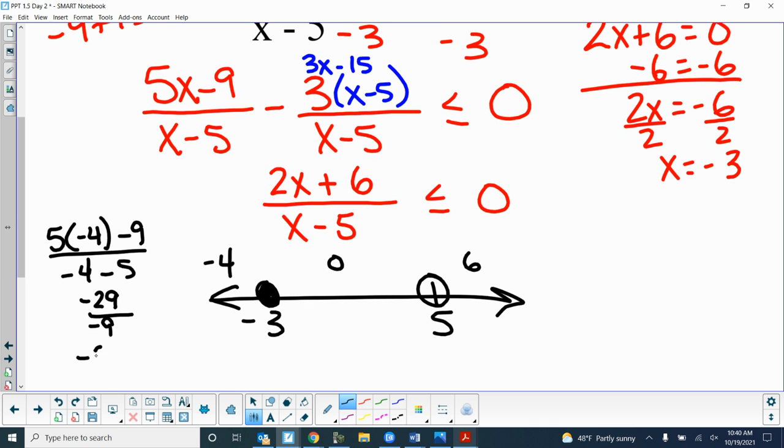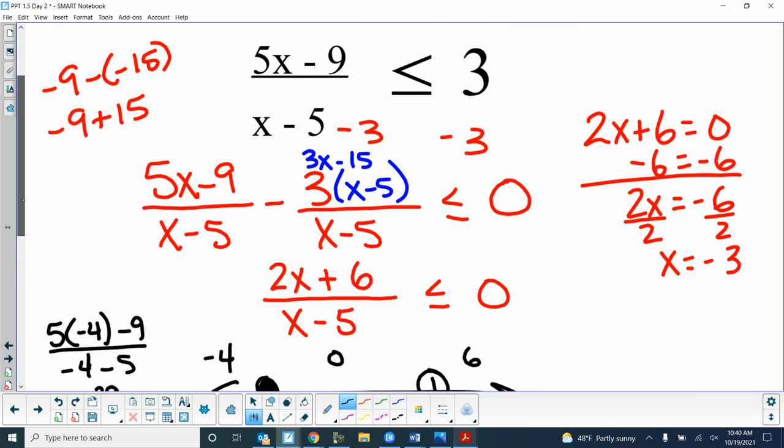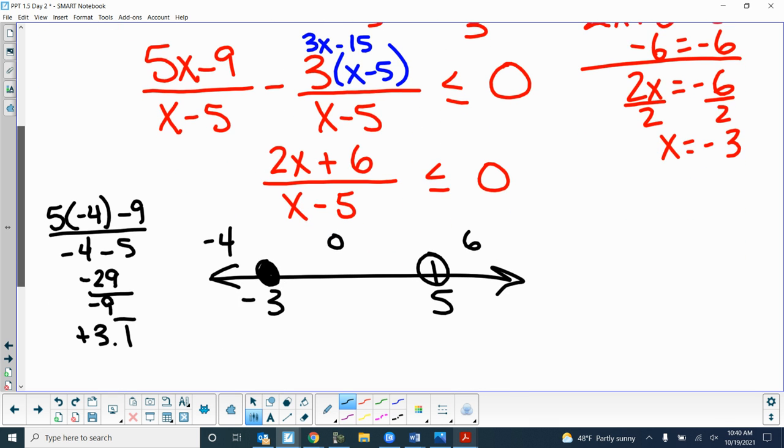That's a negative 3, positive, 2 negatives, 3, and I think it's a 3.2 repeating. Is that less than or equal to 3? No. So I would not go towards that direction.